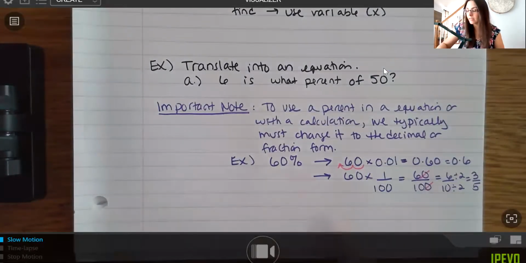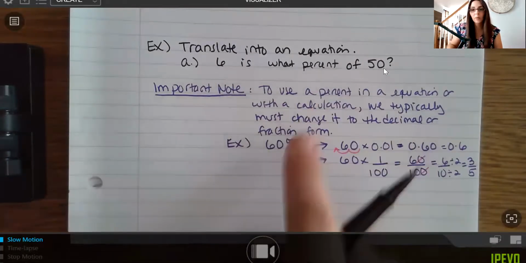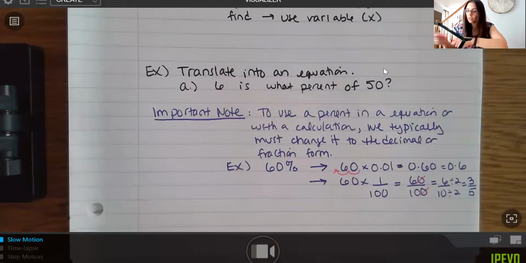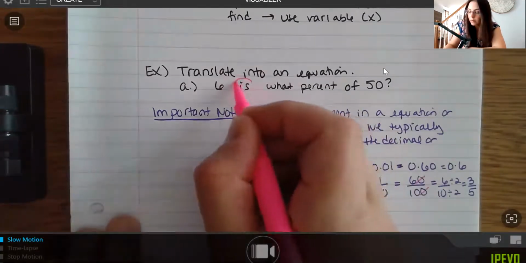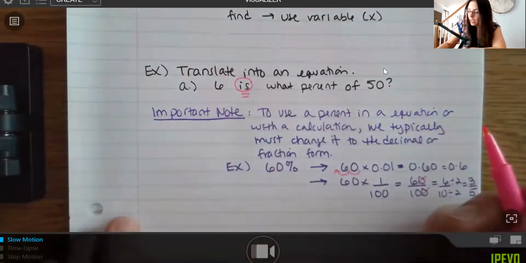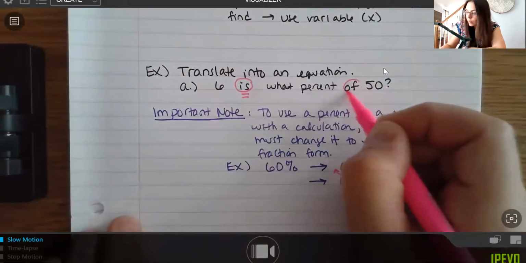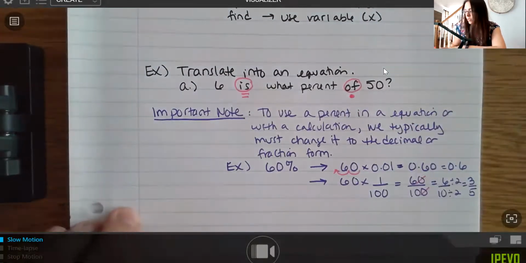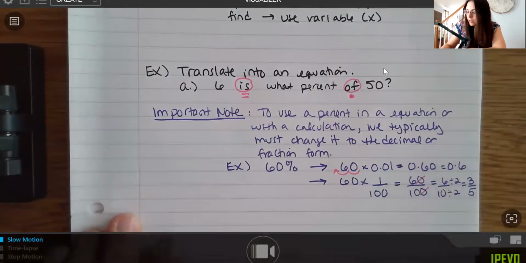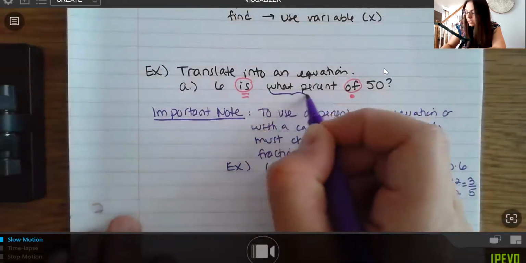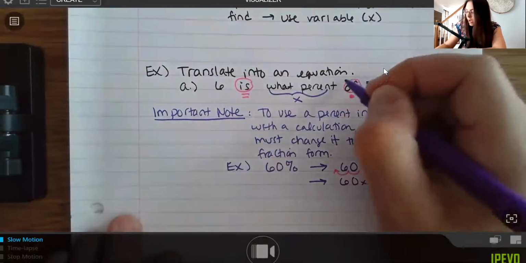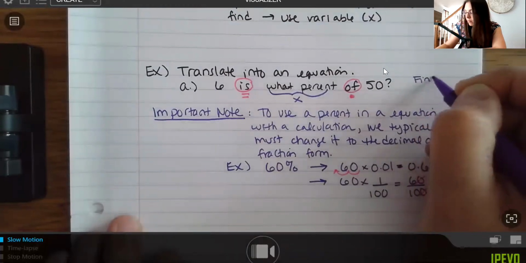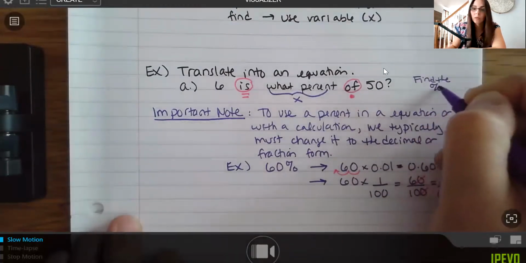Now here, 6 and 50 are not a percent, so I don't have to worry about changing anything over. The only thing we change over is if we have an actual percent. But I am going to use my keywords. So I see this word is here, which represents equals. I see that word of, which represents multiplication. And then I also see my question. So my question here is what percent? So in this case, we are trying to find the percent here. That's what we're looking for.